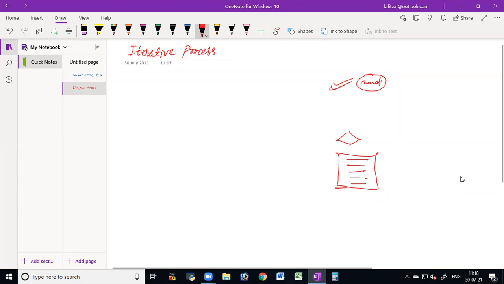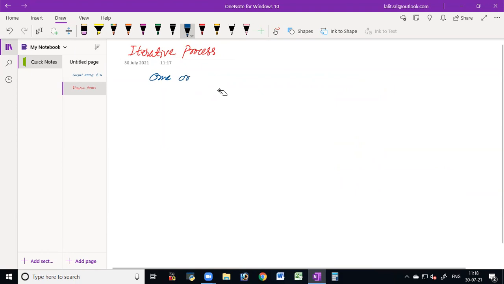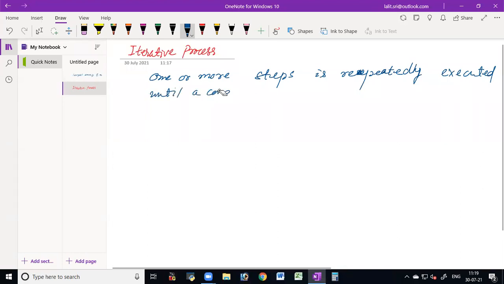Clear? Iterative process means what? You can write it: one or more steps repeatedly executed until the condition is satisfied.